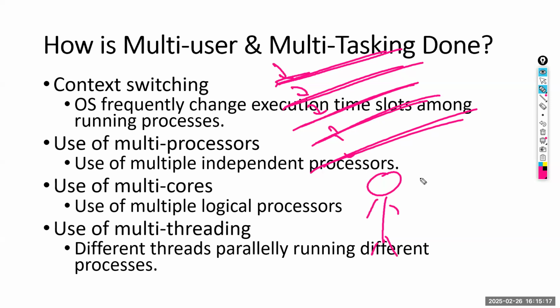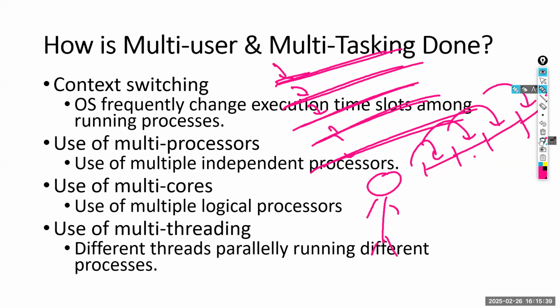But how do we do it? Basically, we give short attention to different tasks. Give attention to this, then immediately give attention to that task, and so on. The OS does the same thing.